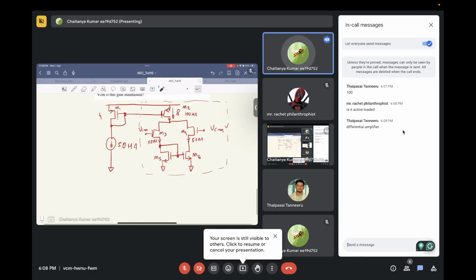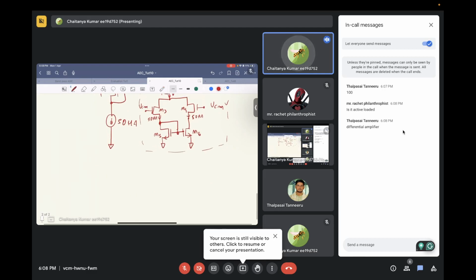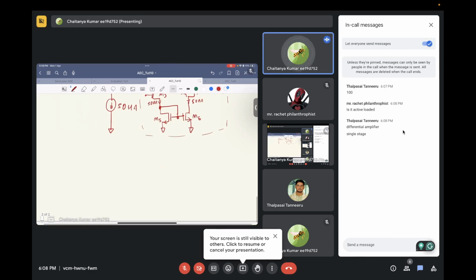I think the reason you might be getting confused is that you have seen the standard differential to single-ended structure with an NMOS input pair and PMOS load. That basically looks like this.